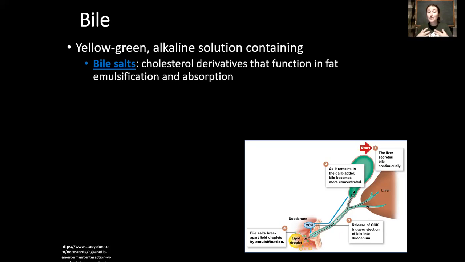So these are hydrophobic substances that play a role in emulsifying the lipids within your digestive tract. Essentially you can think of these bile salts as like Dawn dish detergent.